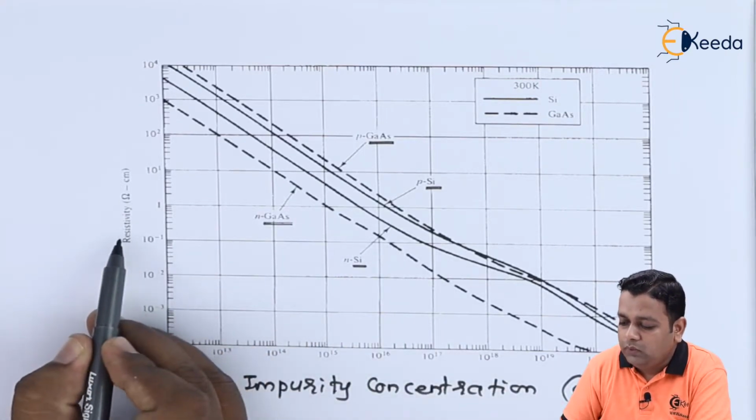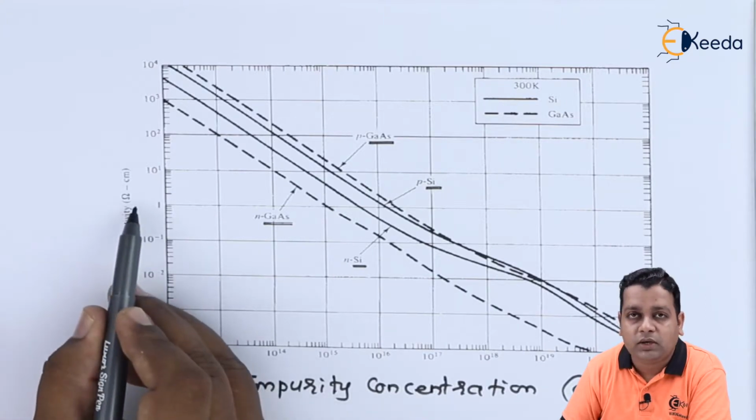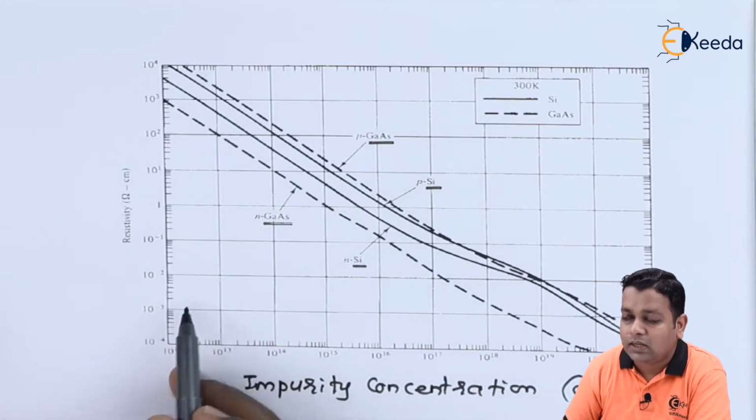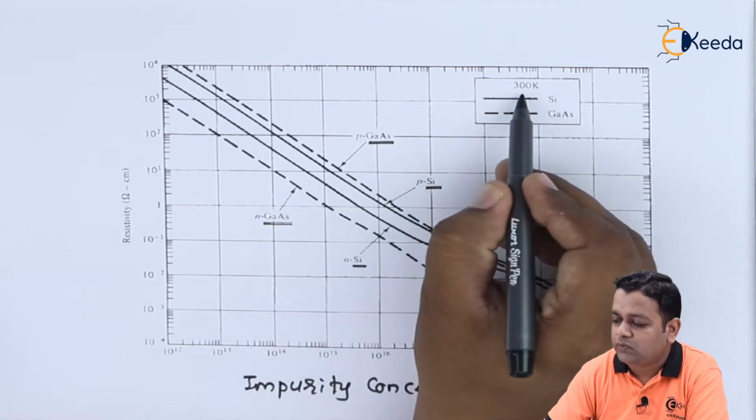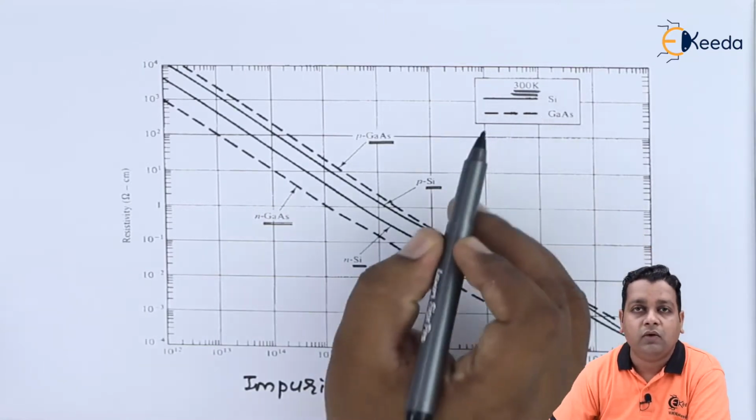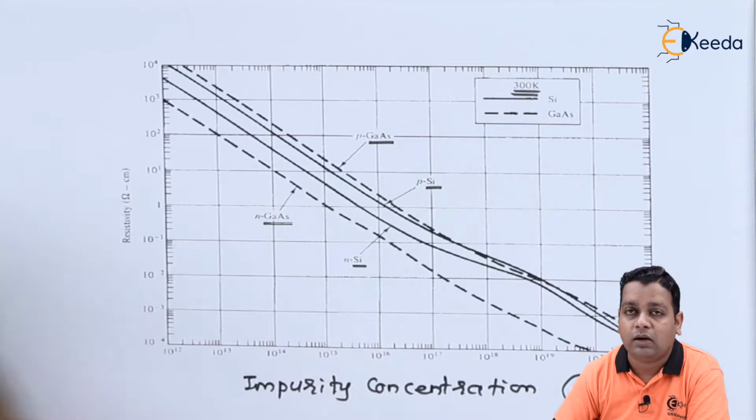If we mark the resistivity values onto the vertical axis, we can find the corresponding impurity concentrations on the horizontal axis. These values are applicable when the temperature is 300 degrees Kelvin. So using this graph we find the answer for part A.